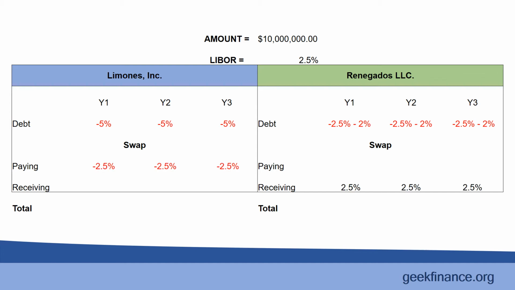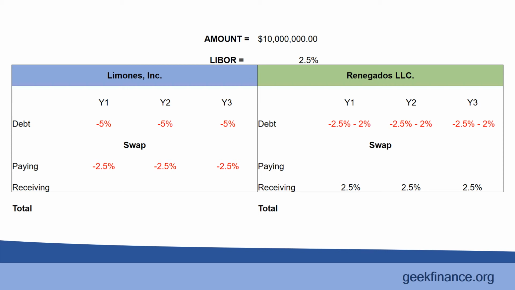But the companies have entered into a plain vanilla swap, and the swap is going to generate some cash flows of its own. Limones has agreed to pay Renegados' floating rate portion, which is LIBOR. Note that Limones will not pay the fixed part of Renegados' rate of 2%, only the 2.5% LIBOR.